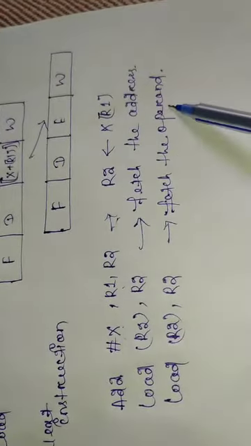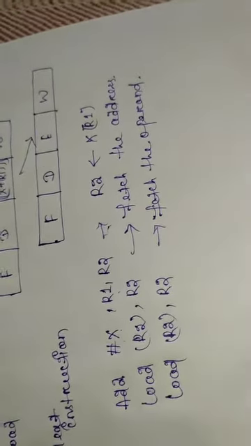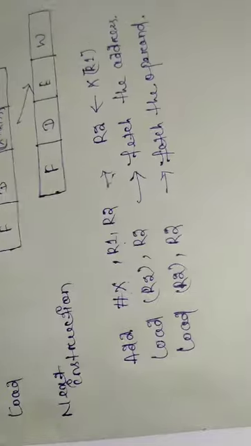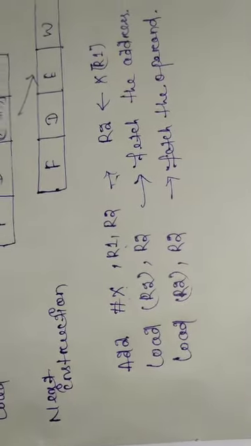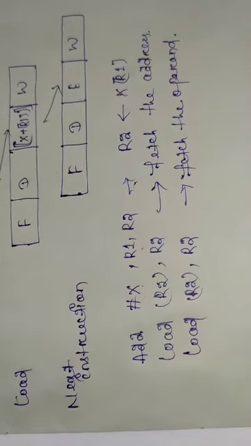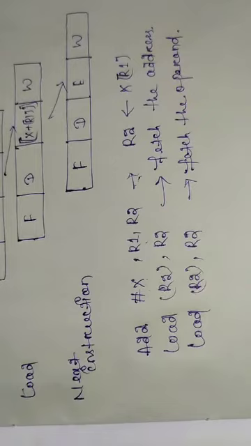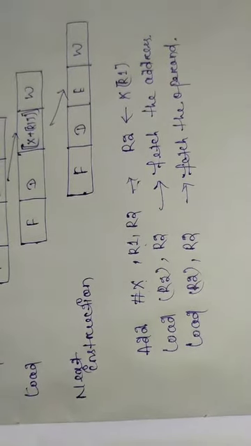That's why we are using two read locations: first for address reading, second for operand reading. So that's why we are using two load operations. The syntax is the same, but the operation is different. So this sequence of instructions takes exactly the same number of clock cycles, 5 clock cycles, as the original single load operation.